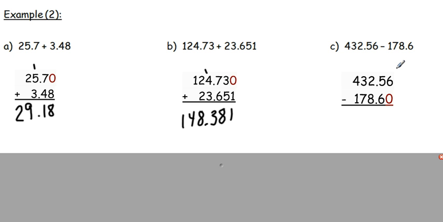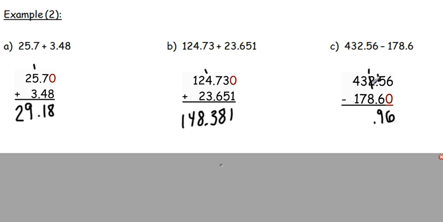For the last one, be careful because this one is subtraction. We lined up our decimals, put in 0 as a placeholder. 6 subtract 0 is 6. 5 subtract 6 you can't do, so you're going to have to borrow. 15 subtract 6 is 9.